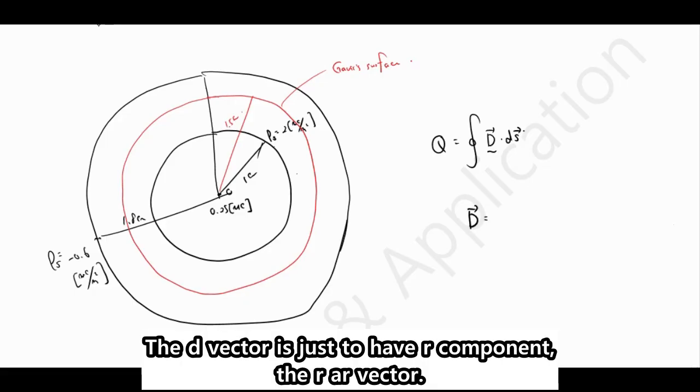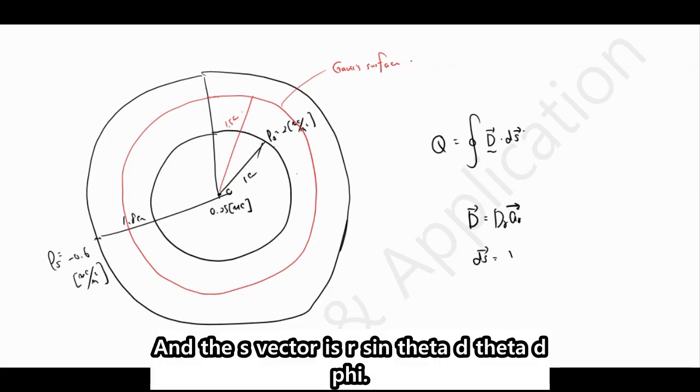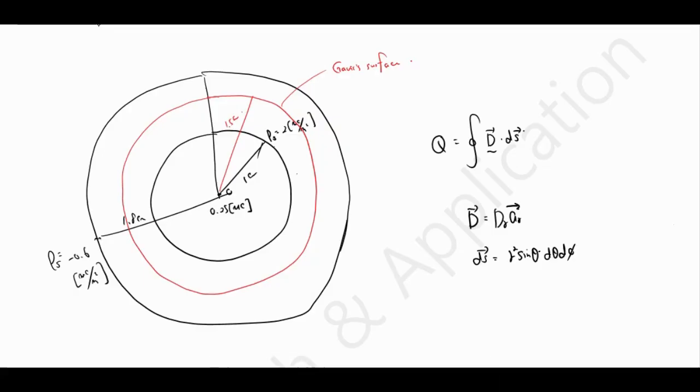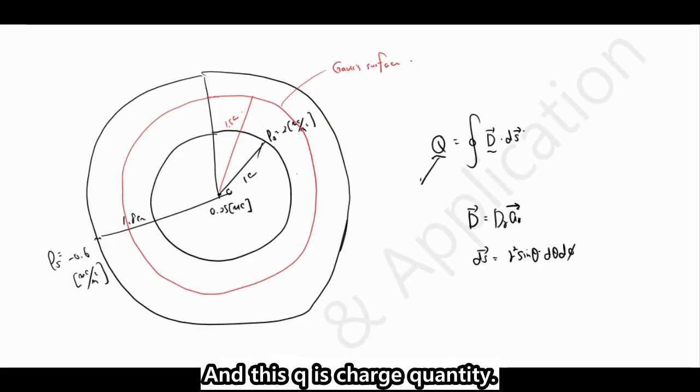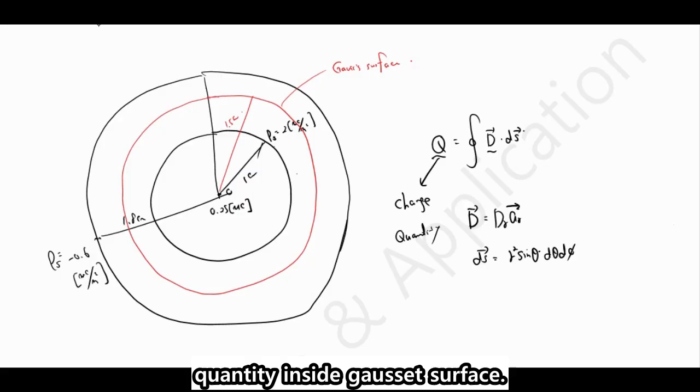The D vector just has an r component, the a r vector, and the dS vector is r squared sine theta d theta d phi, and this Q is the charge quantity inside the Gauss's surface.